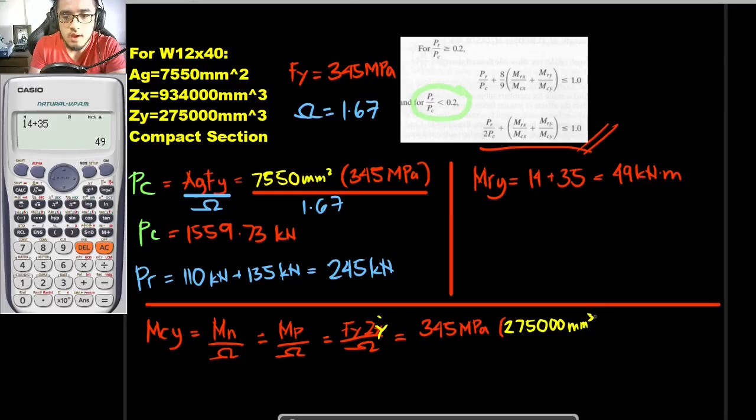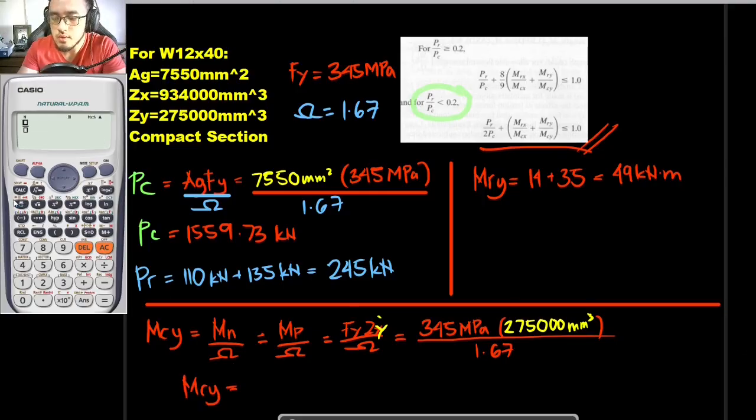From that, we would now be dividing it by our factor of safety of 1.67. So our MCY is equal to 345 times 275,000 divided by 1.67. Our answer here would be 56,811,377.25 Newton millimeters.